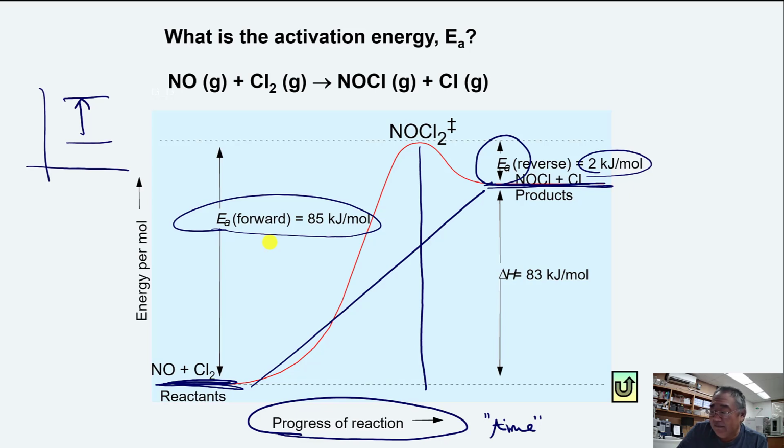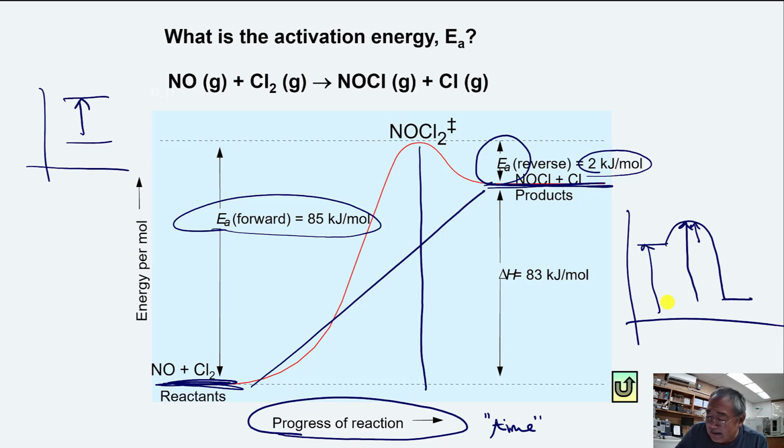Now, what if it had been like this instead? Then to get the activation energy for the reverse process, that would have been all the way up here. That would have been this plus this. So graphically, you can do this analysis. Sorry, that was supposed to go to that point there. Let me just fix that.